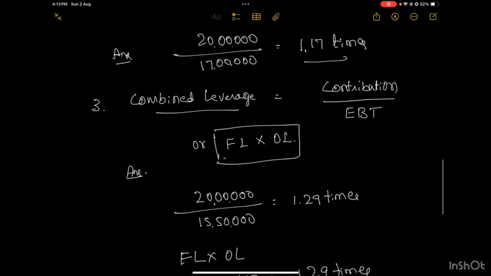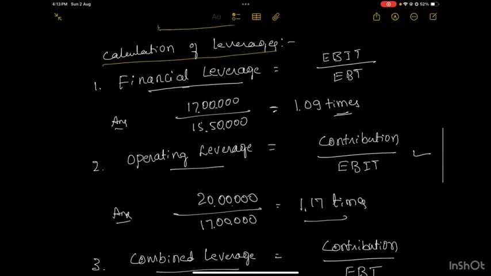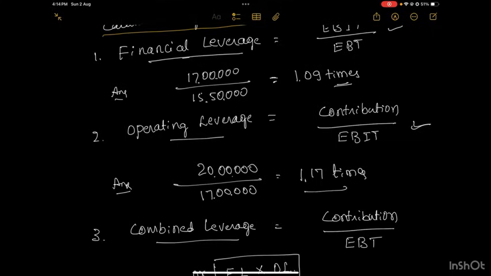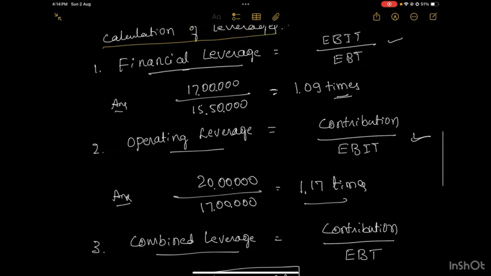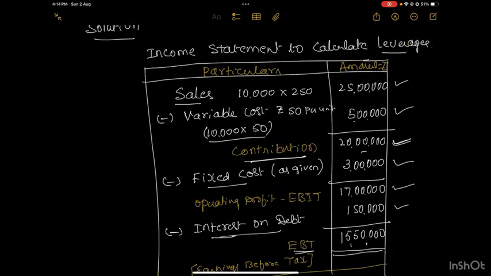Like this we have to find out the financial leverage, operating leverage and combined leverage by using these equations. You have to remember these equations. Financial leverage is the relation between the EBIT and EBT. Operating leverage is the relation between contribution and EBIT. And for combined leverage, contribution divided by EBT. Before applying the equation, you must understand how to prepare the income statement.